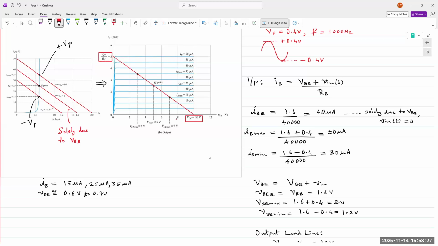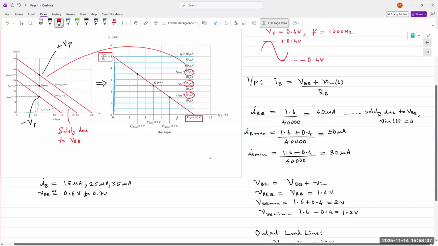But we are only interested in 3. The only 3 points we are interested in is where it intersects 15, 25, and 35. And those points we obtained from here. Okay, so we are looking at seeing how the input is transferred to that output.